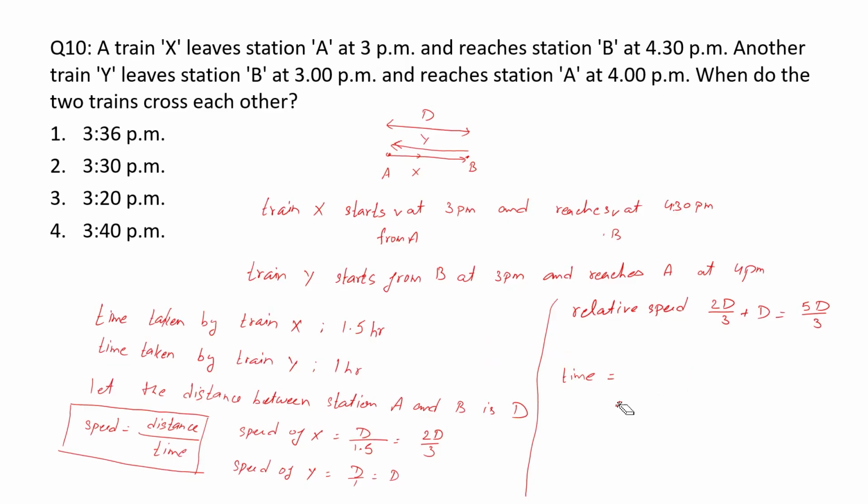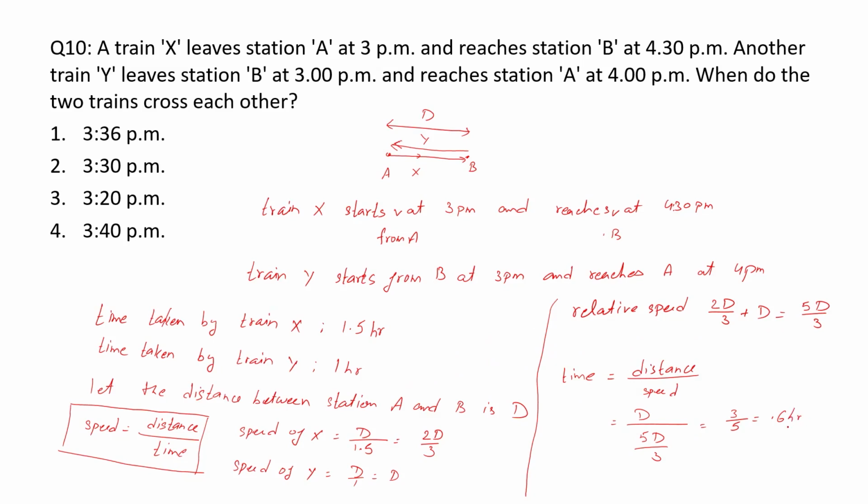Sorry, I said speed into distance. So time is distance upon speed. So distance is d, speed is 5d upon 3. So it is 3 upon 5.